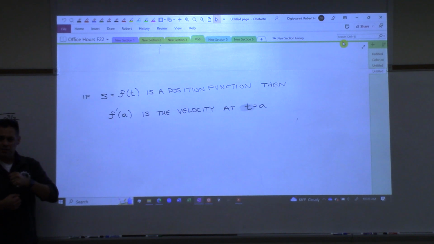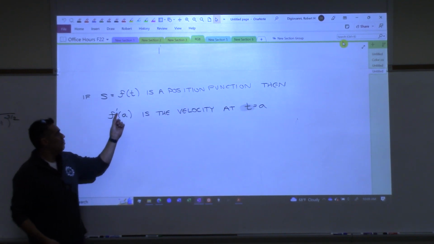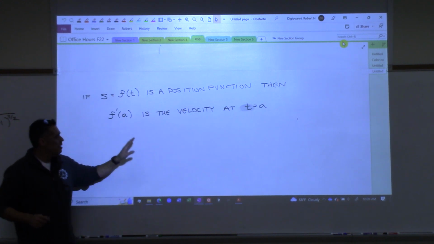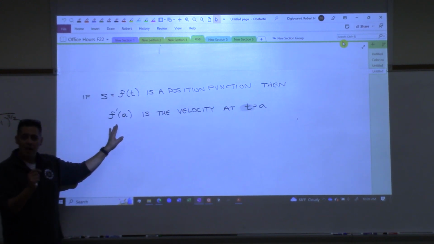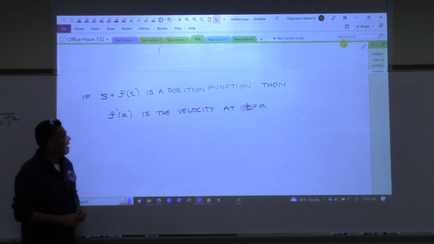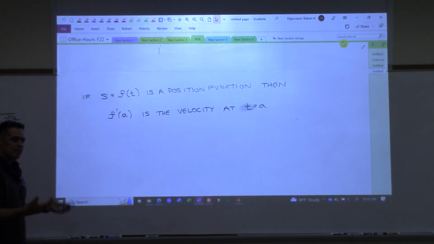So you get 0 over 0. This is just briefly I talked about it. The derivative allows us, if we're given a function that gives us where an object is at every point in time, to calculate the velocity of that object at an instantaneous point, because it is the slope of the tangent line. So that is just a consequence. I want everyone just to know that.